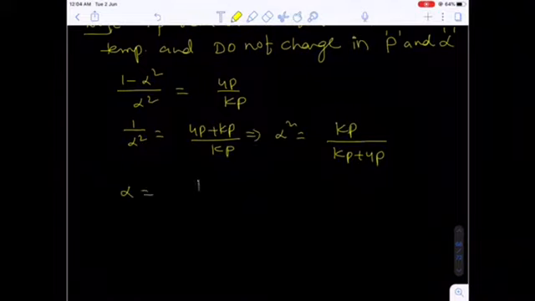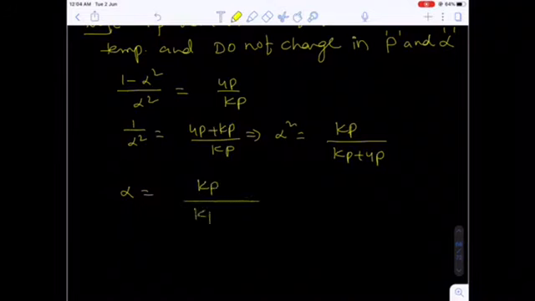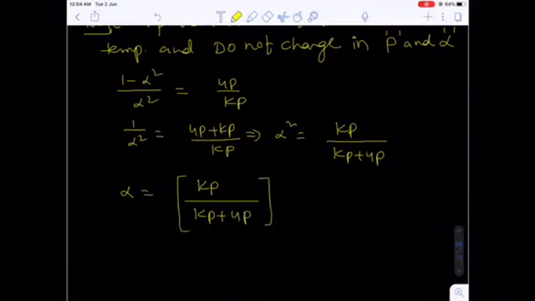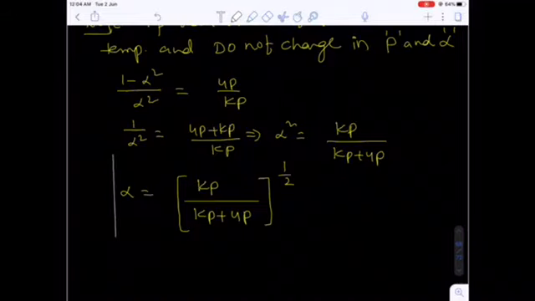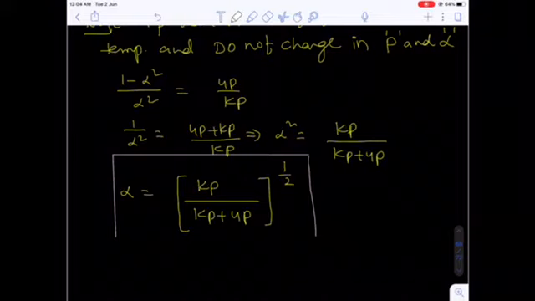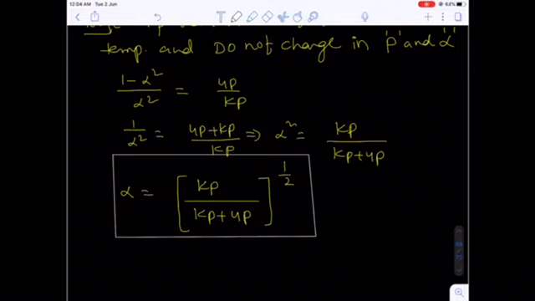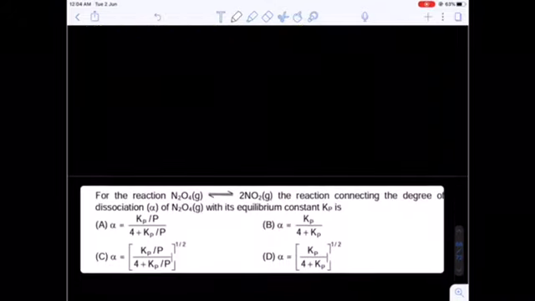So alpha will be equal to Kp by Kp plus 4p under root. This is the expression for alpha, a very important expression regarding alpha, Kp and total pressure at equilibrium.